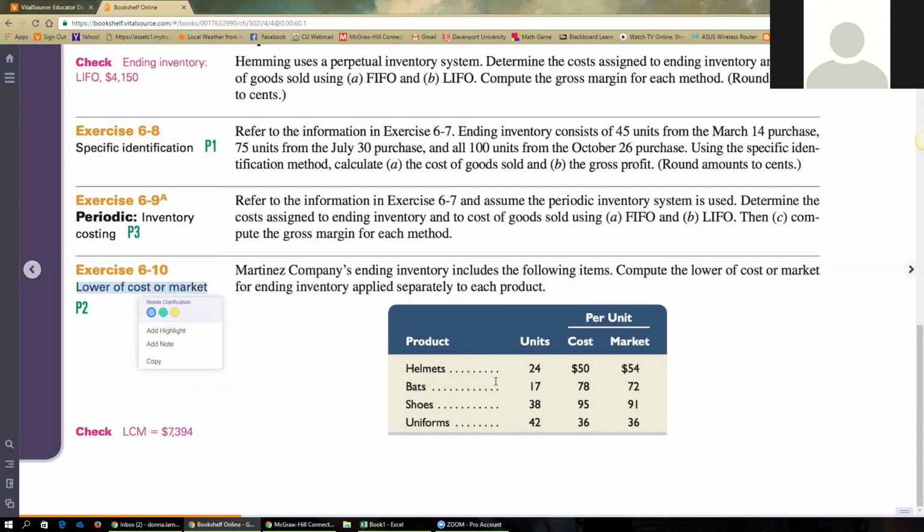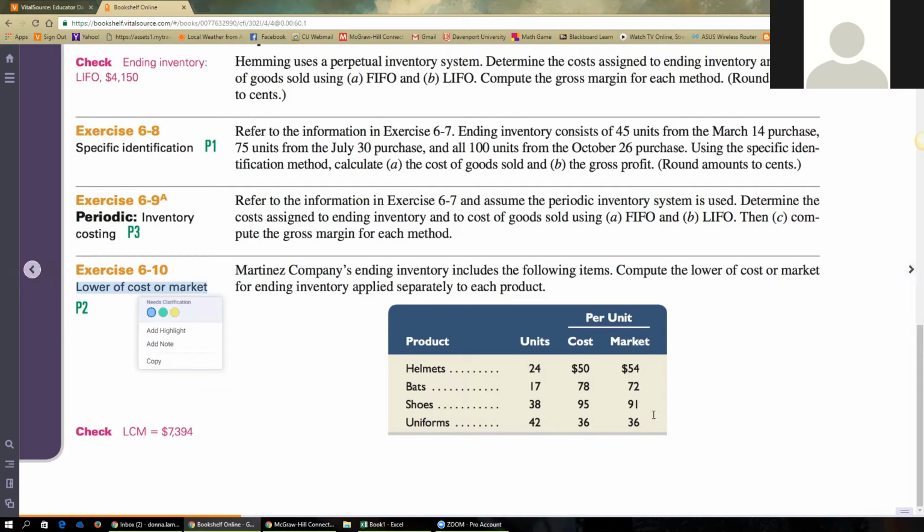So we would add another column over here in our chart and choose the lowest one. So for helmets, it's best that we keep them and put them at $50 a piece because that's the lower of cost or market. But bats, we should put at $72 a piece on our books because that's the lowest.